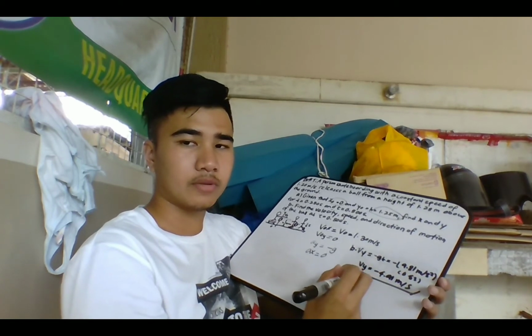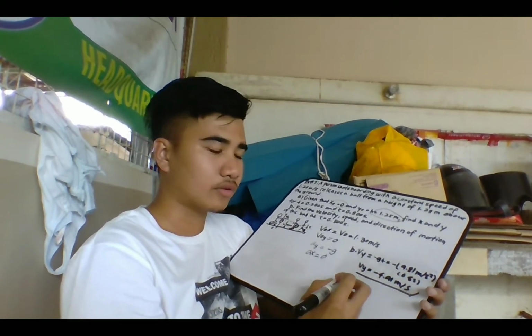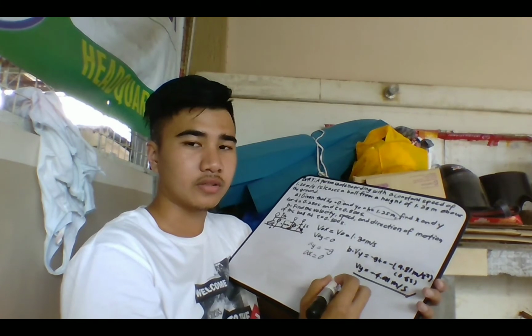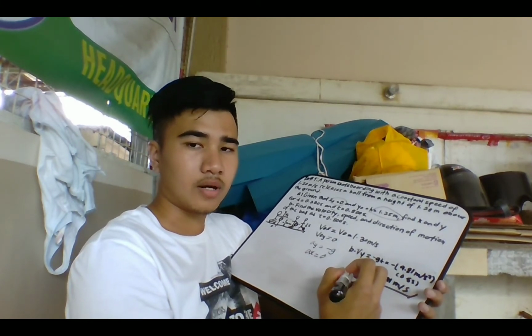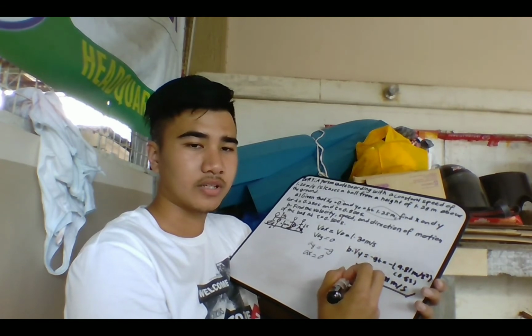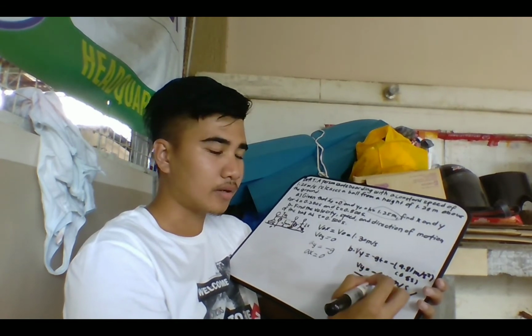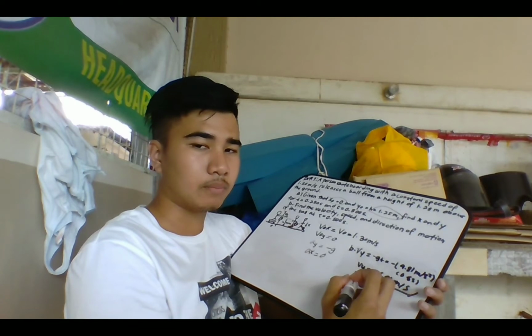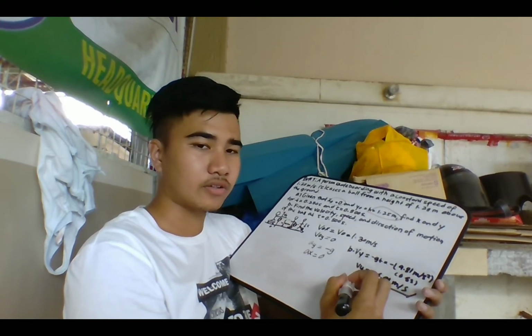To solve for the velocity, we already know the components: v sub x is 1.3 meters per second, and v sub y is negative 4.91 meters per second. We solve for the velocity by the Pythagorean theorem.